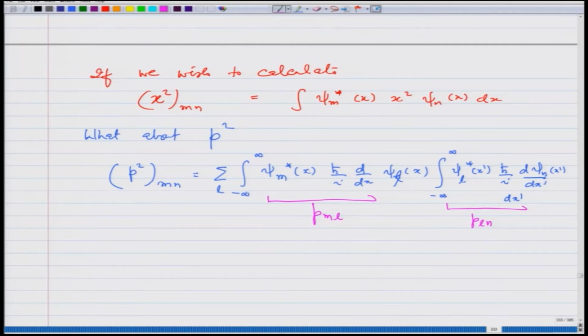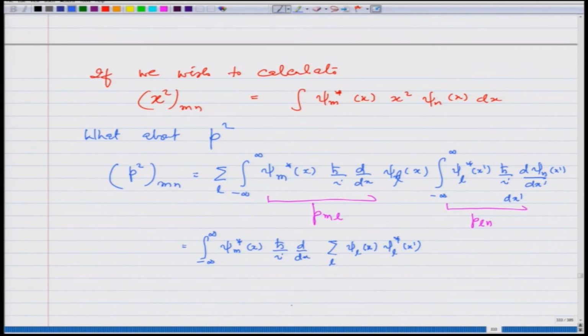So, by the rule of matrix multiplication, this is what it is, and this again I can write as integration psi m star x, h cross over i d by dx operating on summation over L psi L x psi L star x prime.